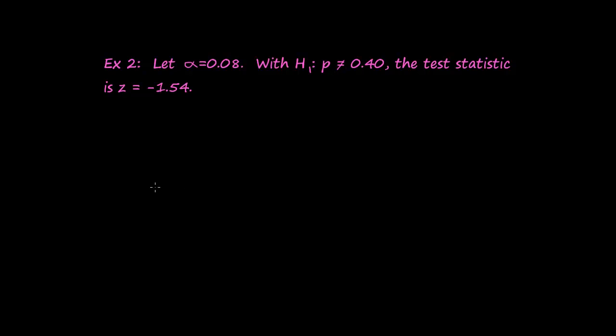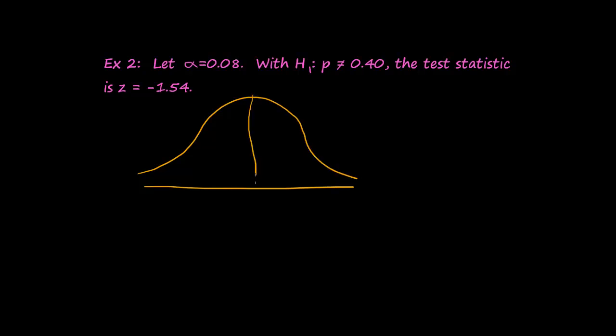Not equal to is a two-tailed test. So let's see what we know. With the two-tailed test, we know we have to split our alpha. This is alpha over 2, or 0.04. And this is alpha over 2, or 0.04.